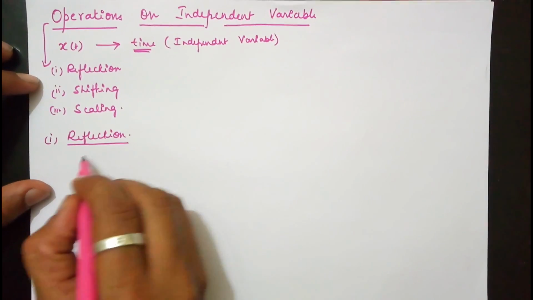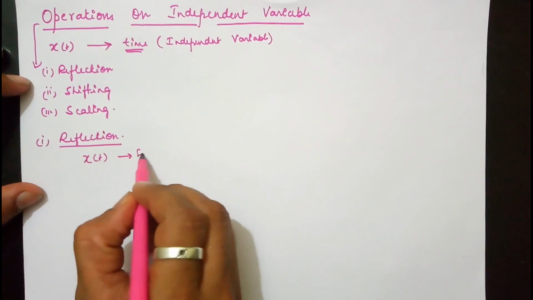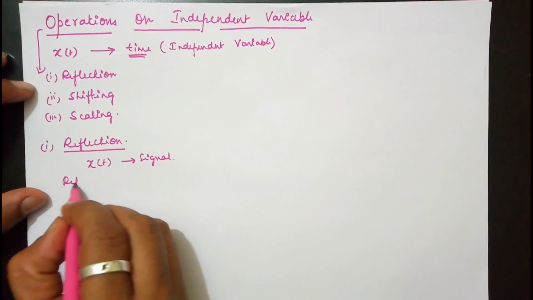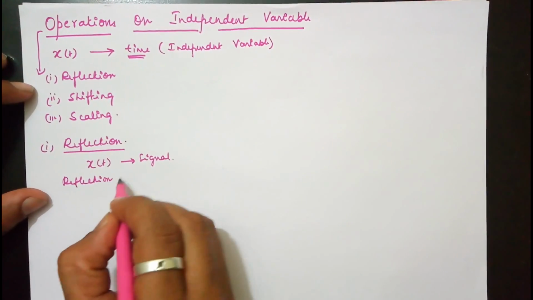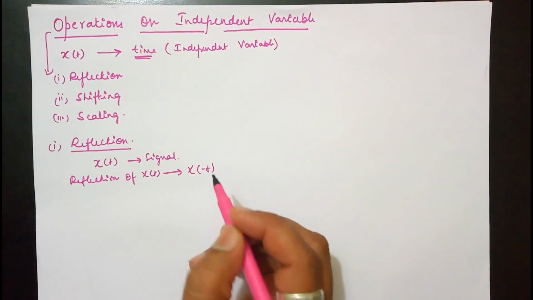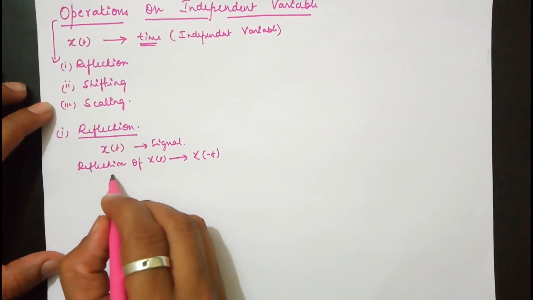Now if I have a signal x of t, the reflection of it is x of minus t. Now let me take an example.